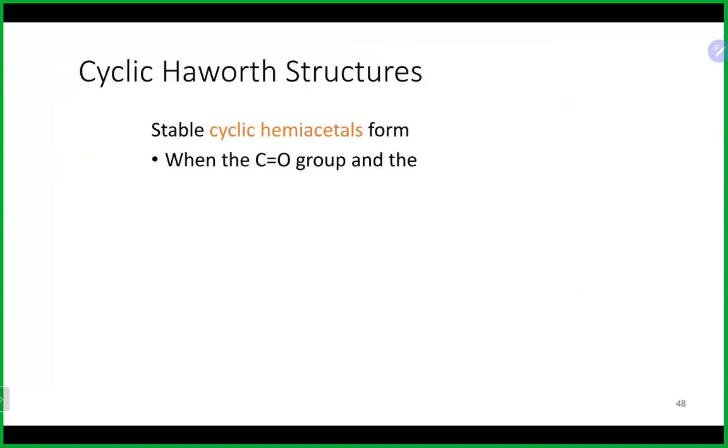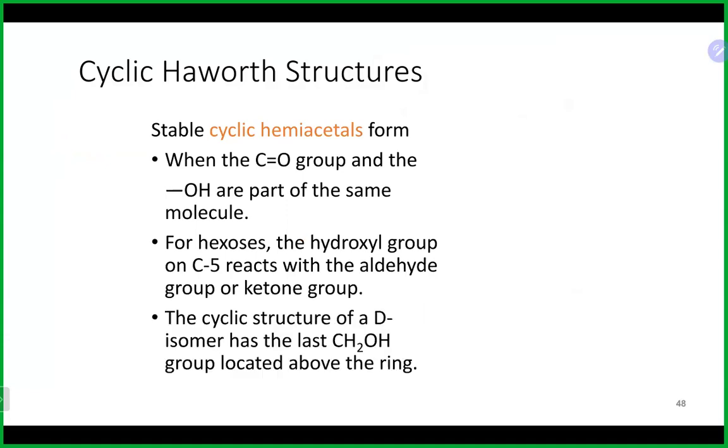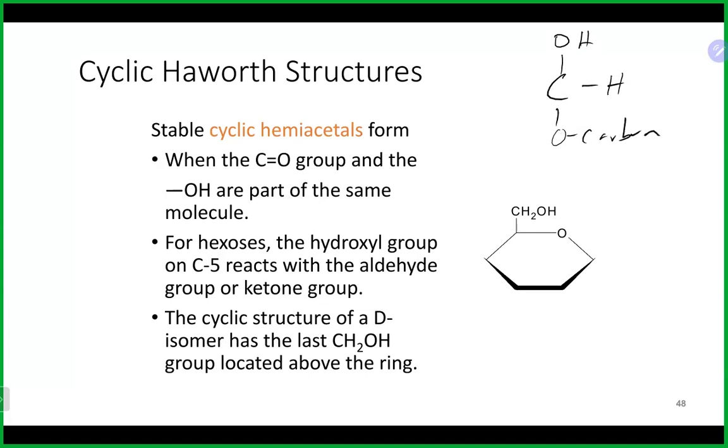Now, these are what are referred to as stable cyclic hemiacetals. If you remember, hemiacetals are those guys that have a carbon with directly attached to it a hydrogen, an OH, and an oxygen-carbon group. So that is sort of what's going on here.